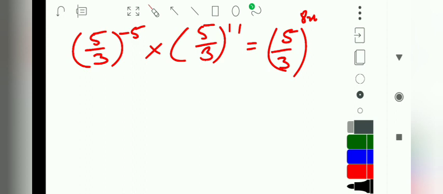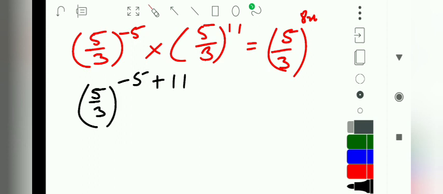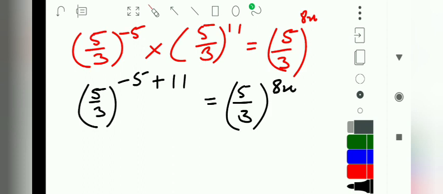Find the value of x. Everywhere is the same base, 5 by 3. On the left hand side, add minus 5 and 11. Remember the sum of integers. Minus 5 plus 11. What is the value?